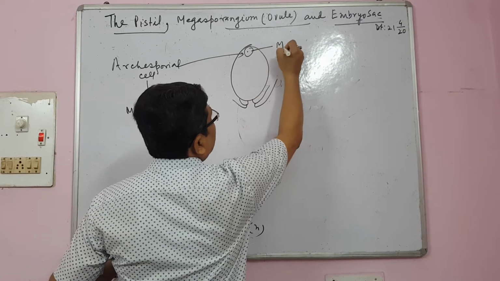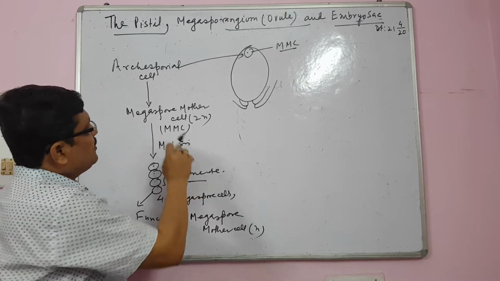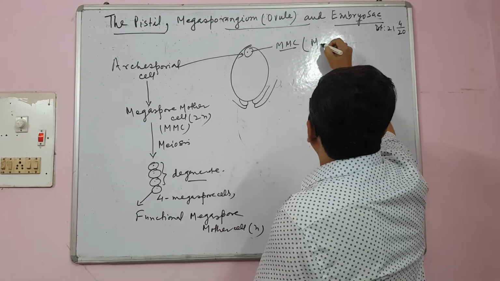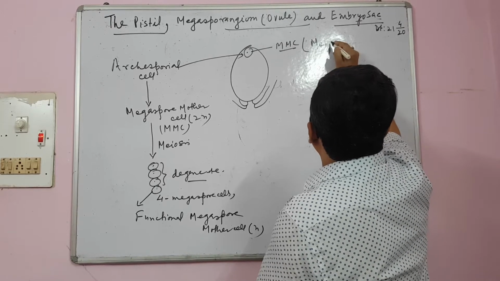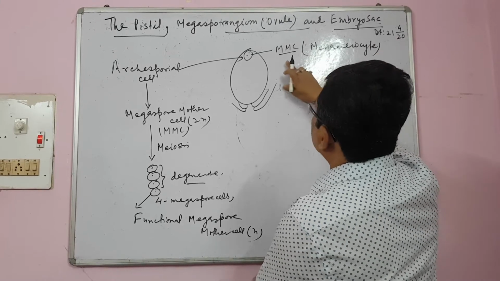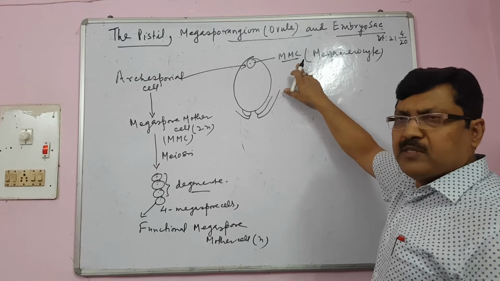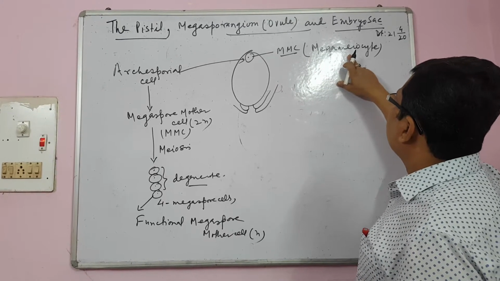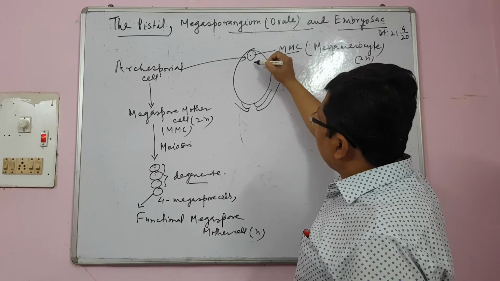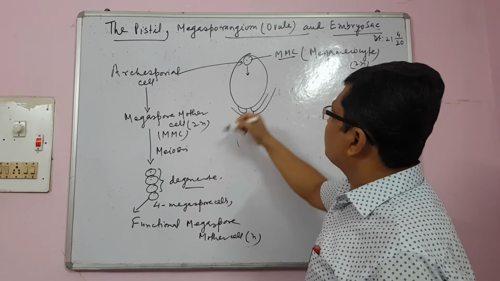This is also called megameiocyte. This functional and big MMC, megaspore mother cell, is also called megameiocyte, which is 2N. It will divide and form 4 cells here.